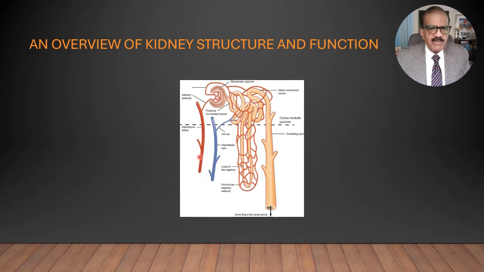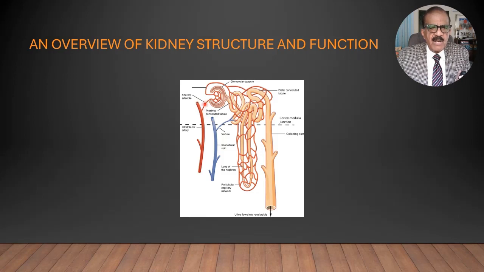This is the artery. This brings blood into the glomerulus. This structure is called the glomerulus, and this actually consists of a tuft of capillaries. Now the kidneys also are unique to have this unique system of circulation. These are arterioles, we call them afferent.